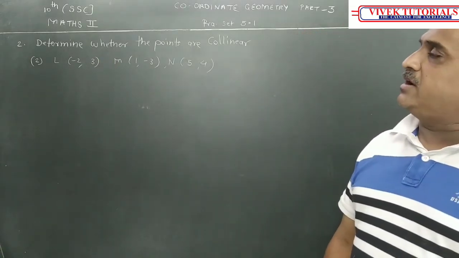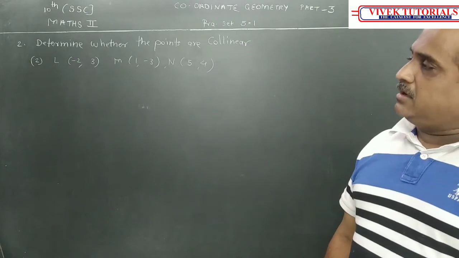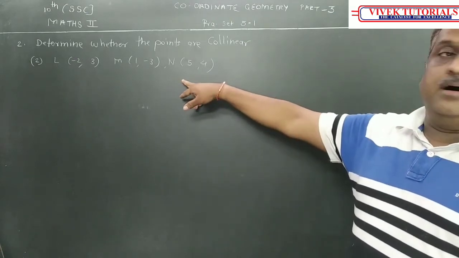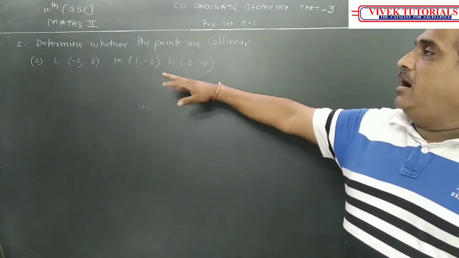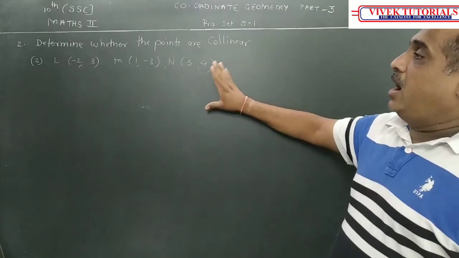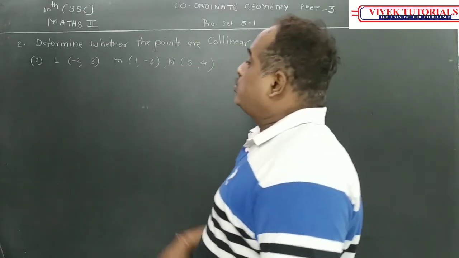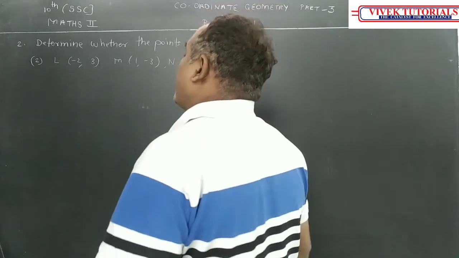Now we are going to start with our second question. So how to determine whether these 3 points are collinear or not?